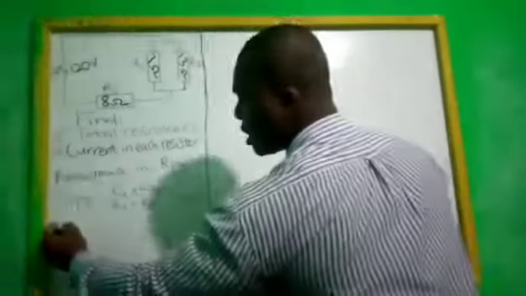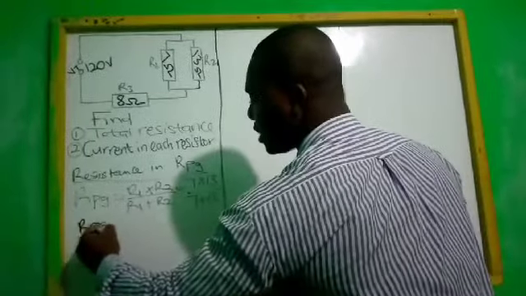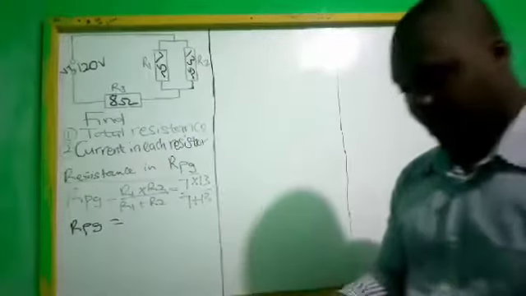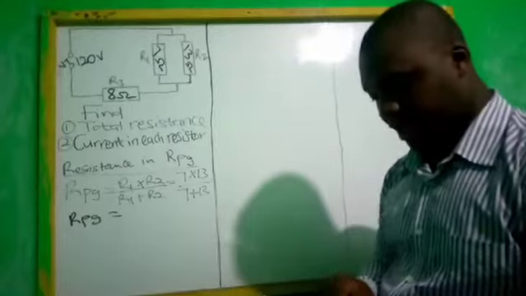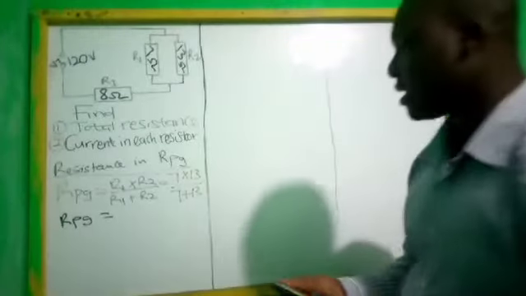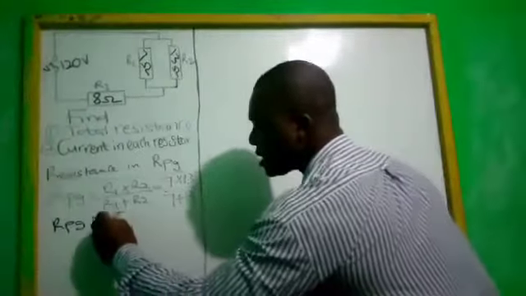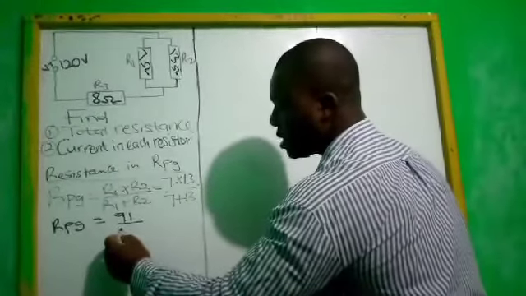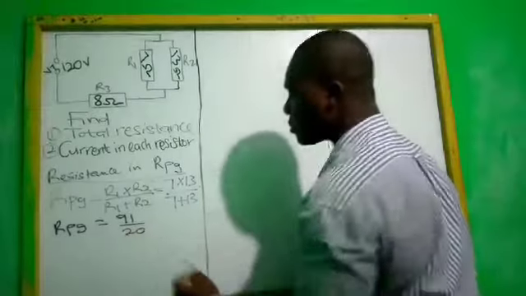So let's find our answer. Our R in the parallel group becomes 7 times 13, which is 91, over 7 plus 13, which is 20.